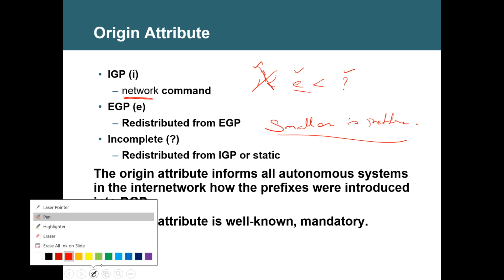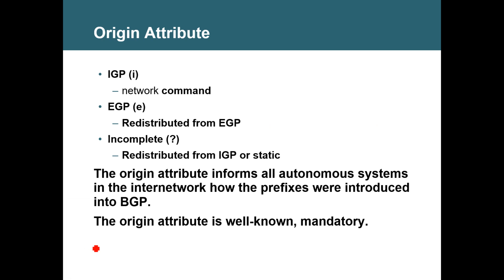Okay, so these are all only if the attributes above origin are tied. There is a list, a sequence, and attributes are checked in sequence. Origin comes after AS path. Origin comes after local preference. There is another attribute called weight.